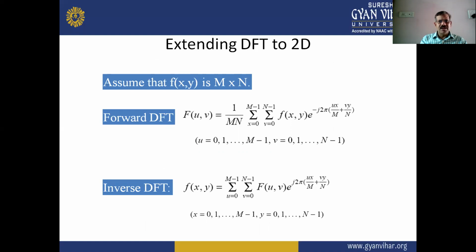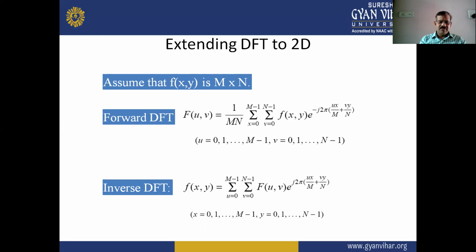In that case, the forward DFT F(u,v) equals 1 upon mn, double summation of x equals 0 to m minus 1 and y equals 0 to n minus 1 of f(x,y) into e to the power minus j 2 pi (ux upon m plus vy upon n), where u equals 0, 1, up to m minus 1, and v equals 0, 1, and so on up to n minus 1.